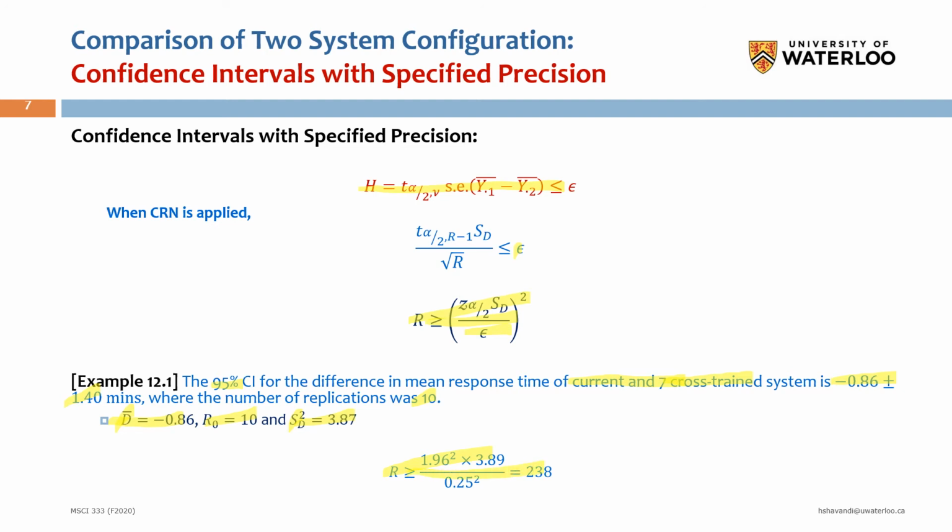It will be 238. So this means if we want to reach a precision level of 0.25, I mean the epsilon 0.25 minutes, then we need to have 238 replications. Okay.